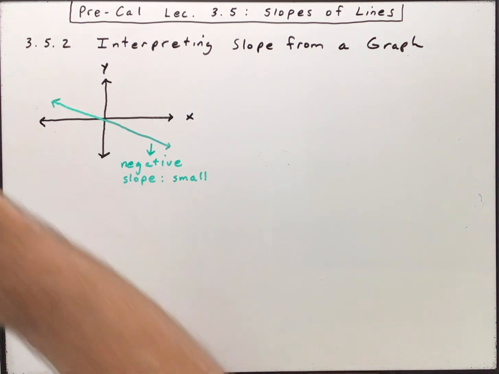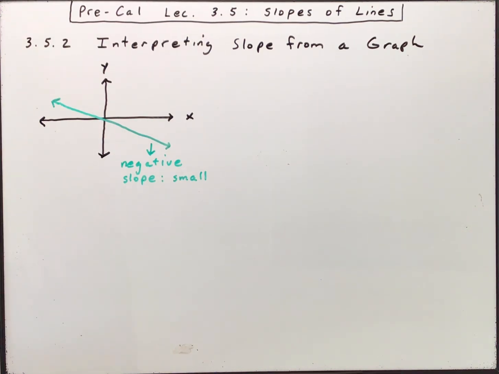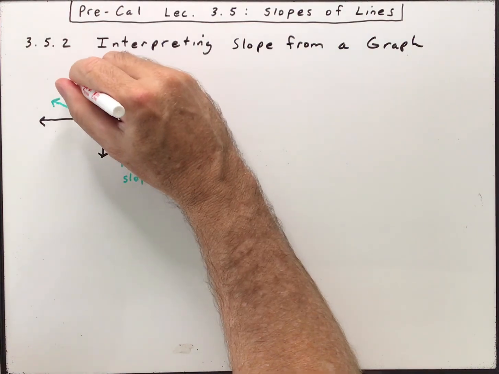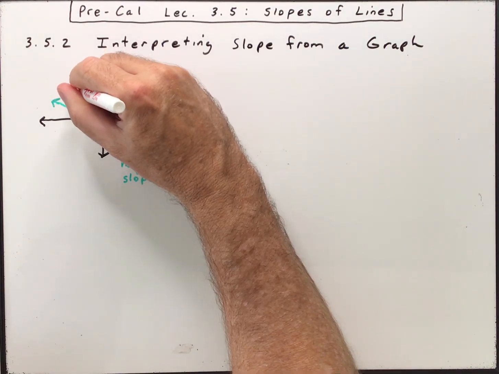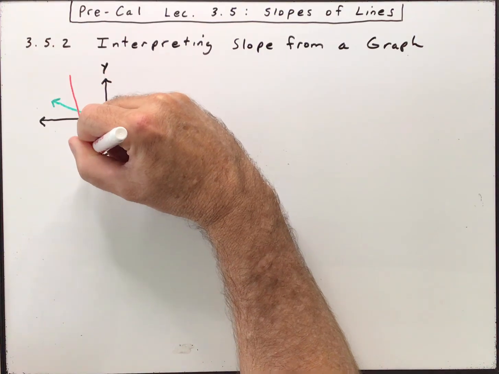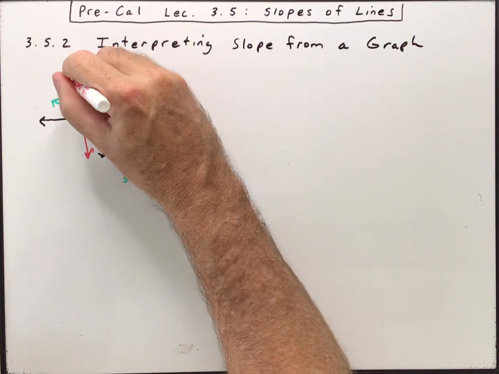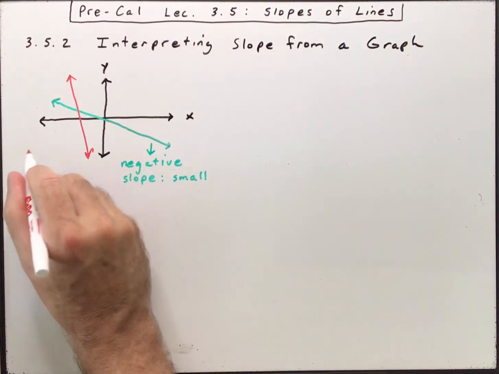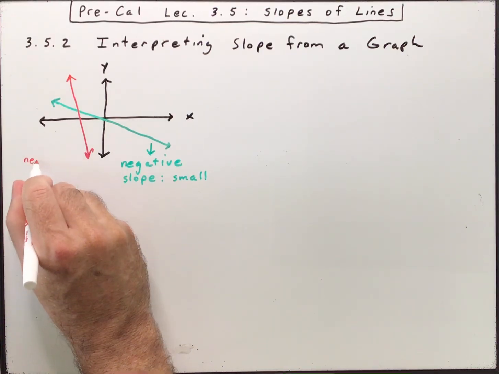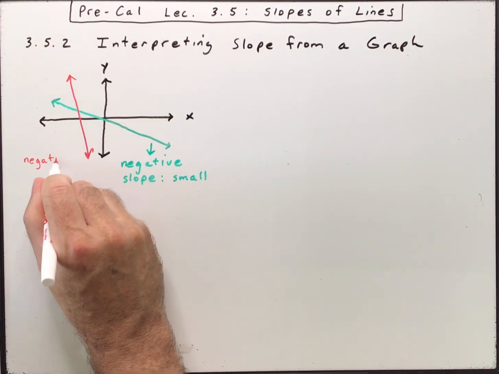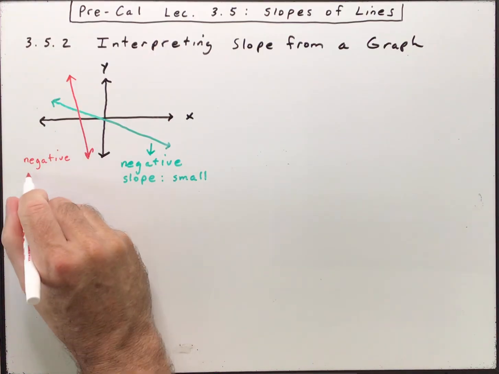Let's do another. Yeah, let's get a different color here. Let's say we have something like this. So that's still a negative slope. It's not a vertical line. It has some run to it.